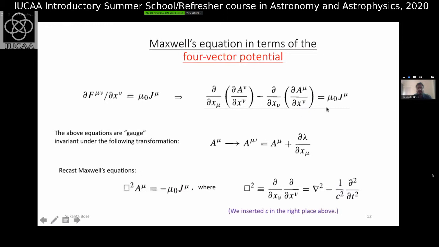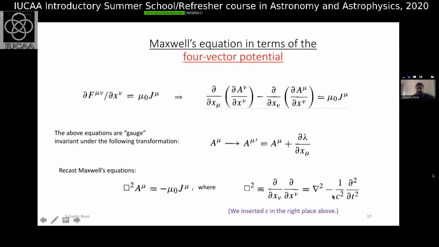So then you're left with this equation. This is the D'Alembertian, this double derivative contracted over nu acting on A mu, and this negative sign can be taken to the other side, giving you minus mu 0 J. This D'Alembertian is indeed this double derivative contracted over space-time indices, and it has a time component, which is this one.